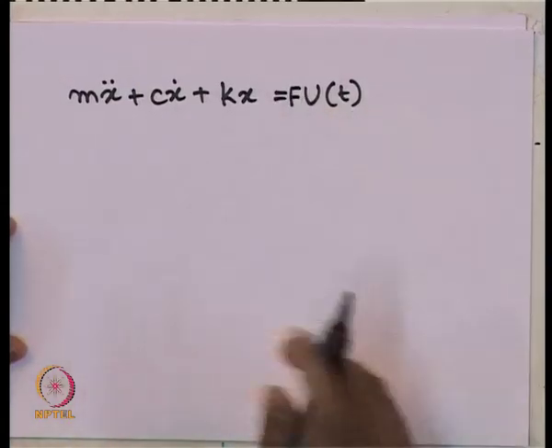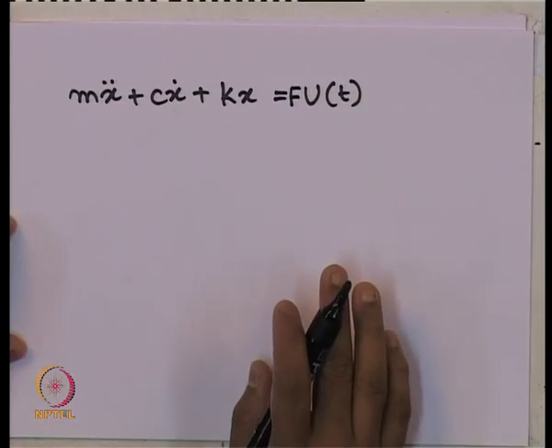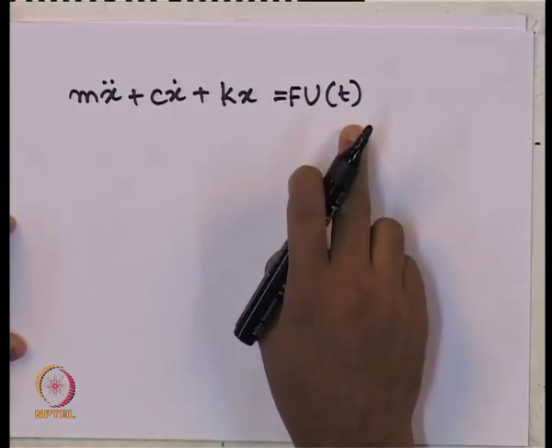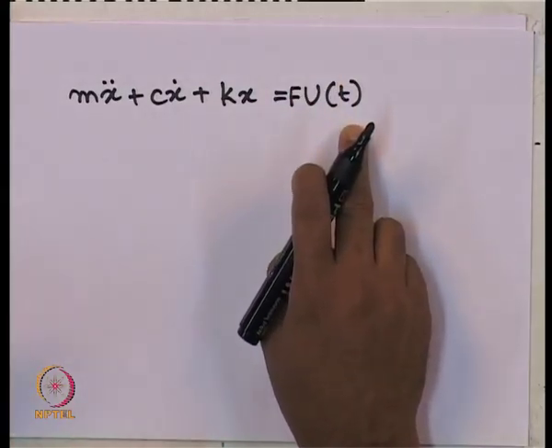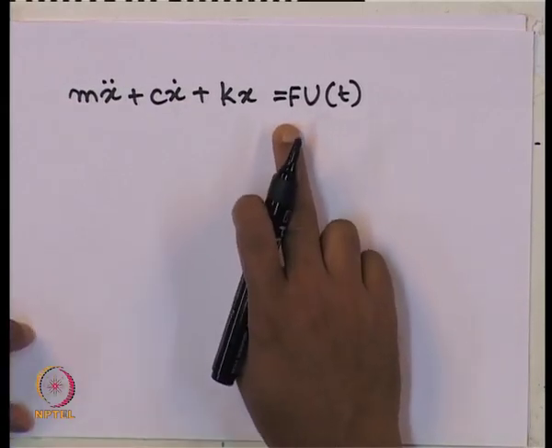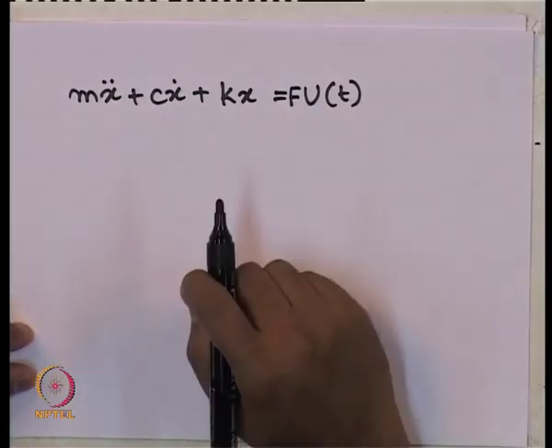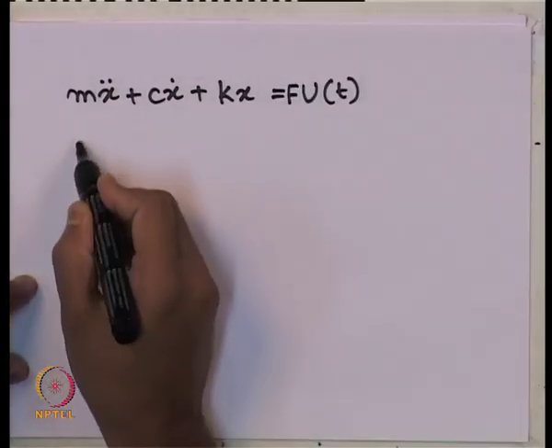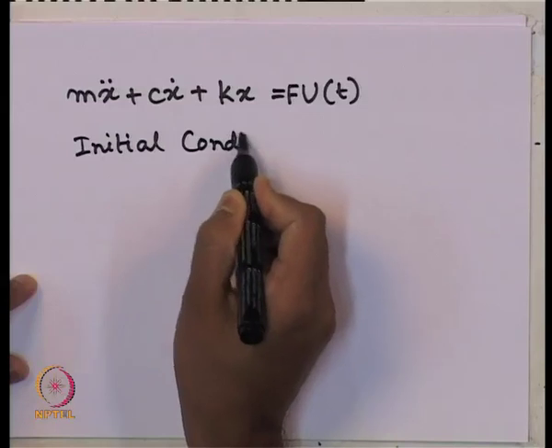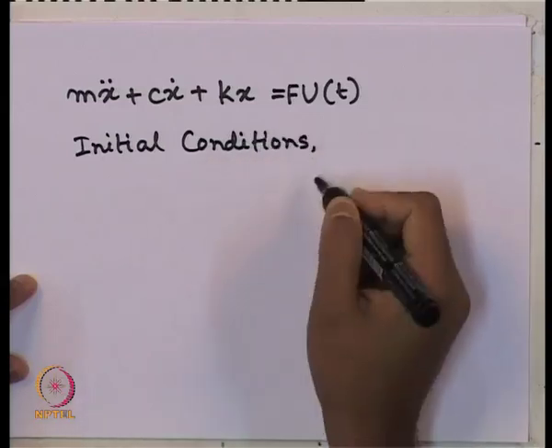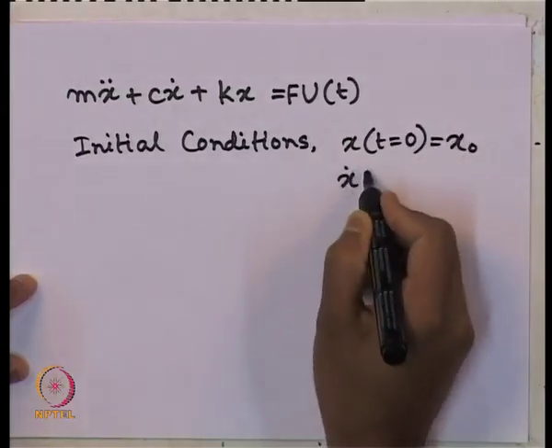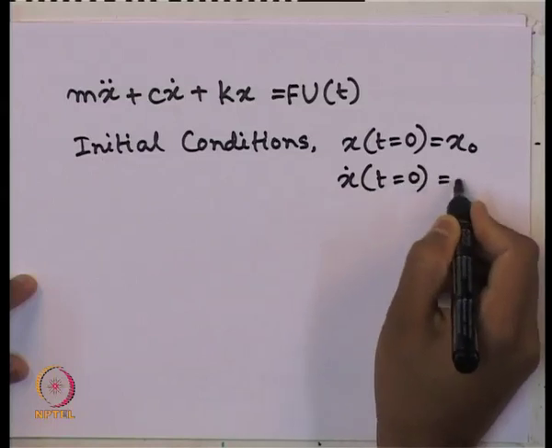F times u(t). Is that clear? So, if there is a unit load, we express that function in terms of u(t). Instead of unit load, if there is a magnitude of force F, then mathematically we can write it as F times that function. And then we can use the initial conditions, as usual, that is x at t equals 0 is x naught, and velocity x dot at t equals 0 is x naught dot.